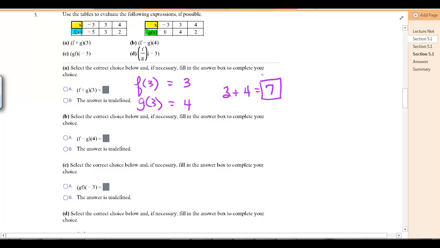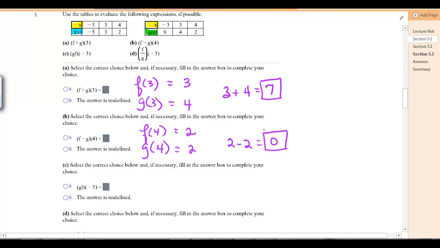All right. F minus g. So we still have 4. We need f of 4 and g of 4. All right, f of 4, we go to 4 on the x. F of 4 is 2. G of 4 is 2. And 2 minus 2 is 0.